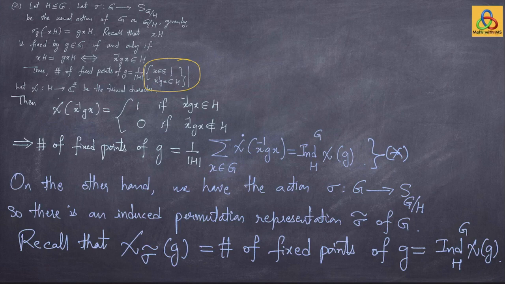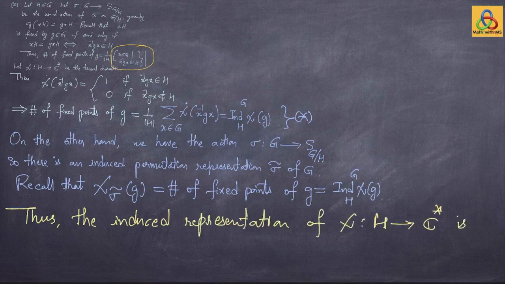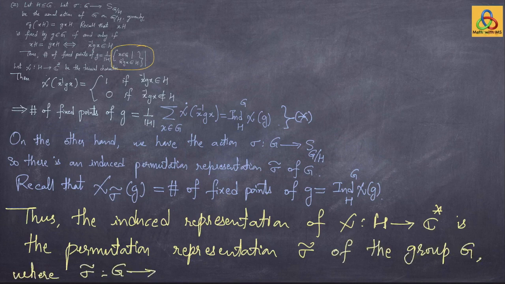Therefore, the representation induced by a trivial character of the subgroup H is precisely the permutation representation of the coset action. Thus, the induced representation of chi is the permutation representation sigma tilde of the group G, where sigma from G to S of G mod H is the coset action.